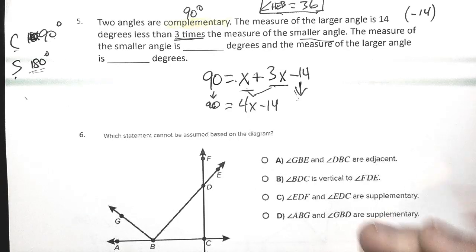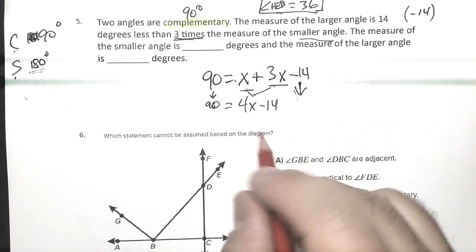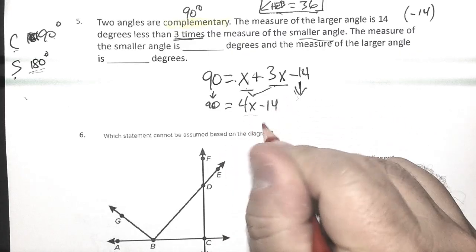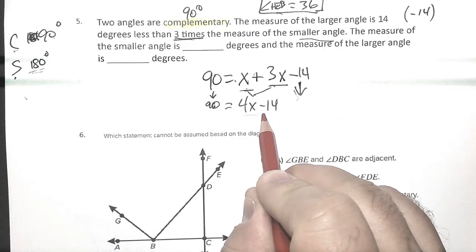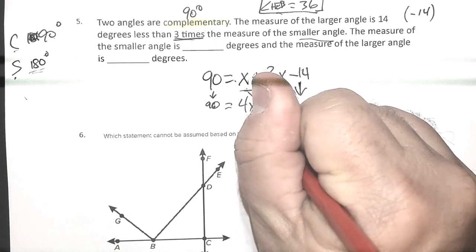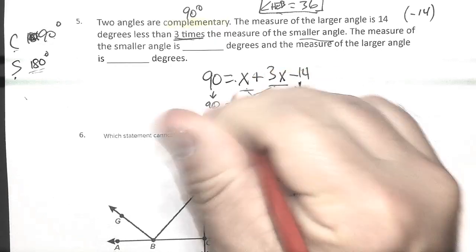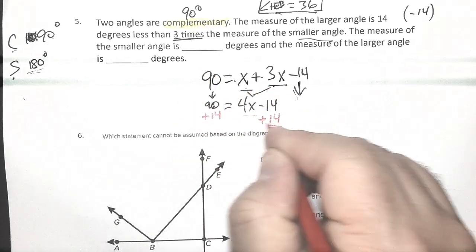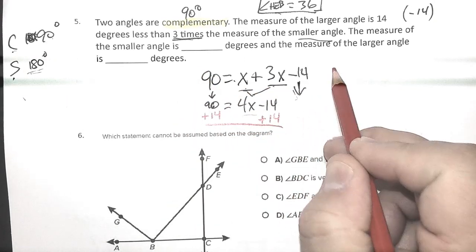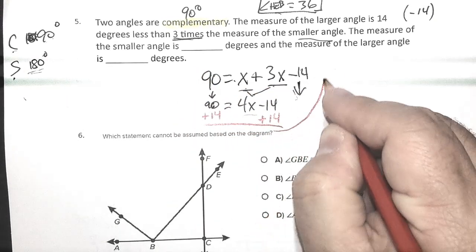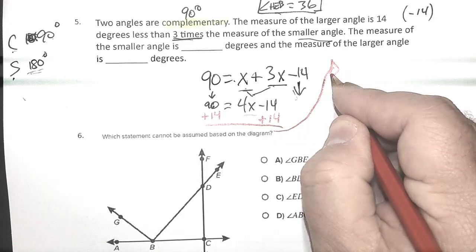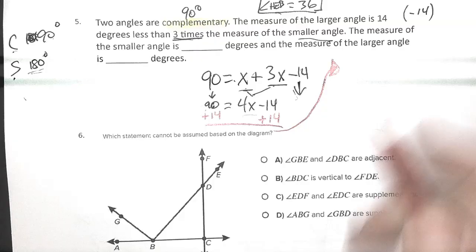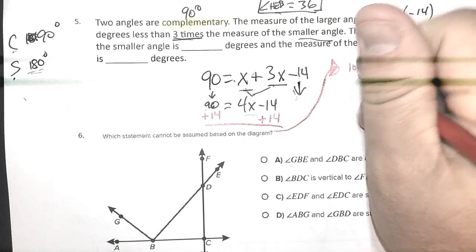Switch to the red pen. All right, so we want x by itself. Getting rid of the 14, it's a negative 14, so we do positive 14 on both sides. 90 plus 14 is 104.